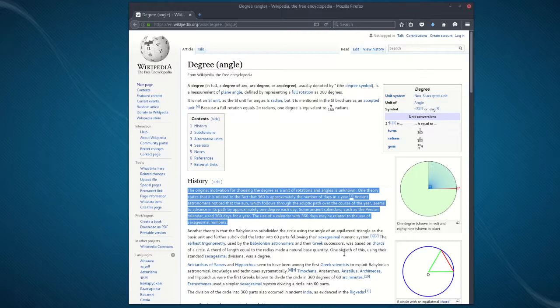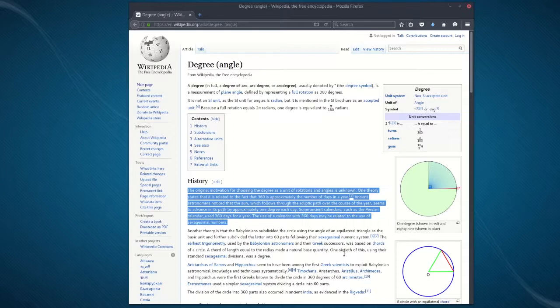Ancient astronomers noticed that the sun, which follows the ecliptic path over the course of the year, seems to advance in its path by approximately 1 degree each day. Some ancient calendars, such as the Persian calendar, use 360 days for a year. The use of a calendar with 360 days may be related to the use of sexagesimal numbers. Ooh, butchered that one.